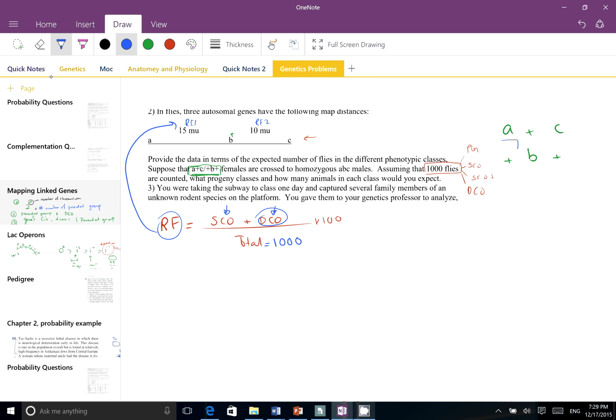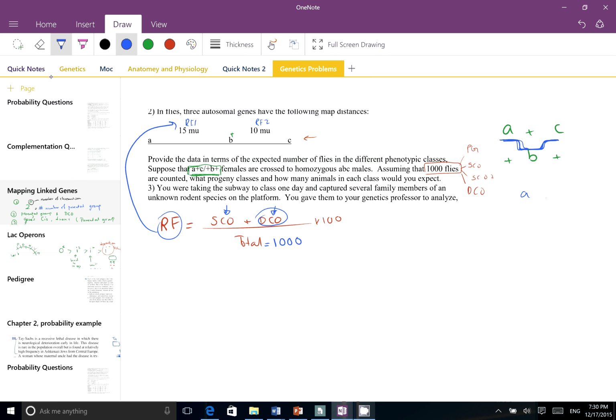You have to have A crossing over, and you have to have C crossing over at the same time, because your double crossover looks like this: A goes down and then comes back up to C. So you use the word and: A crossing and C crossing.